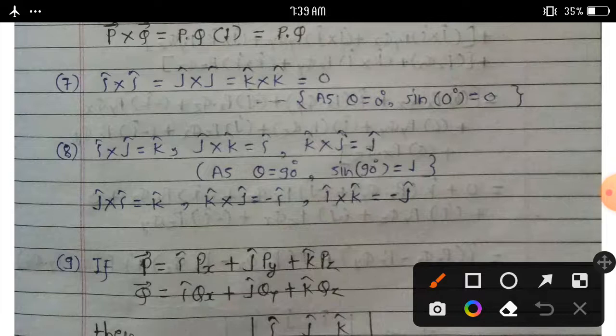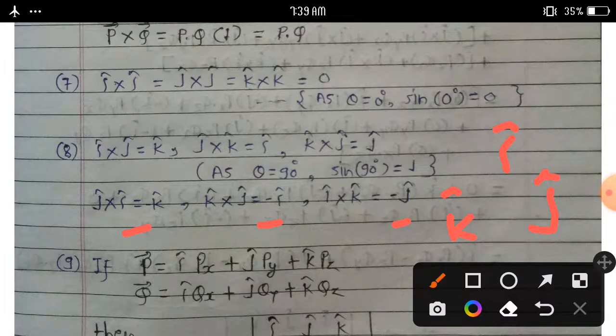See here, j cap cross i cap. Here we take the next unit vector, minus k cap. k cap cross j cap is equal to minus i cap, and i cap cross k cap is equal to minus j cap. We see here i cap, j cap, and k cap. See this diagram.